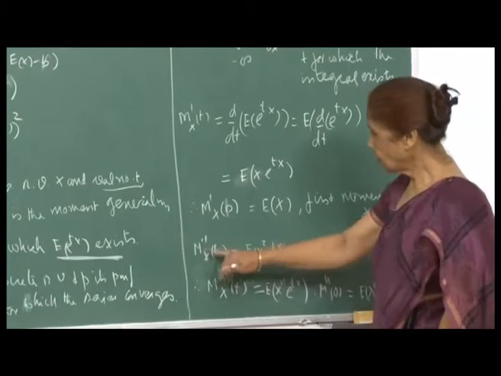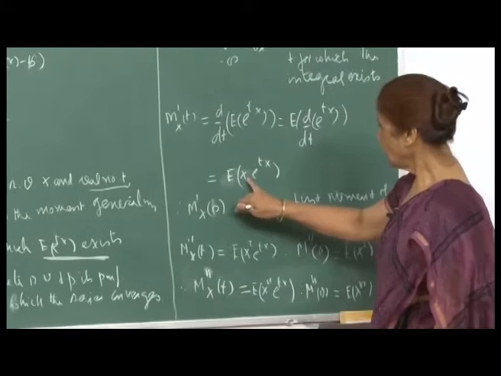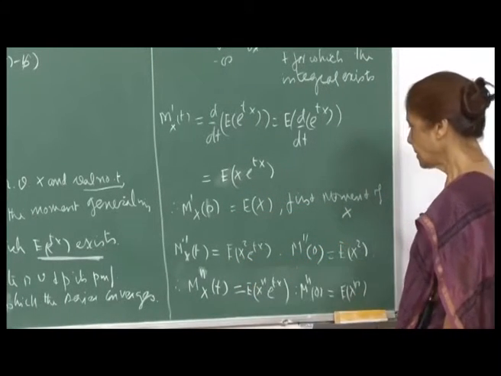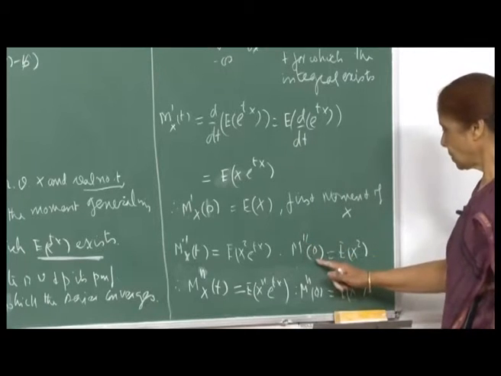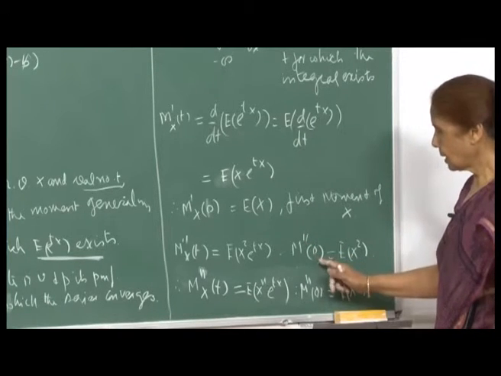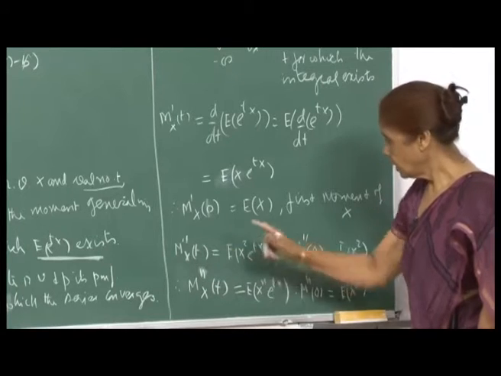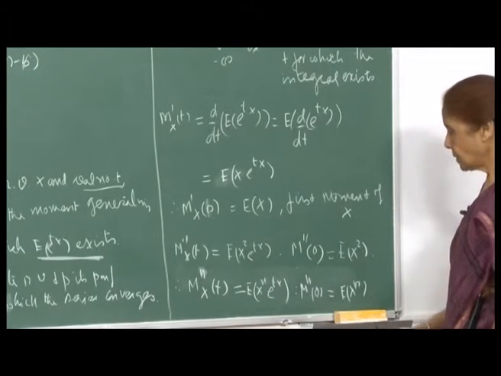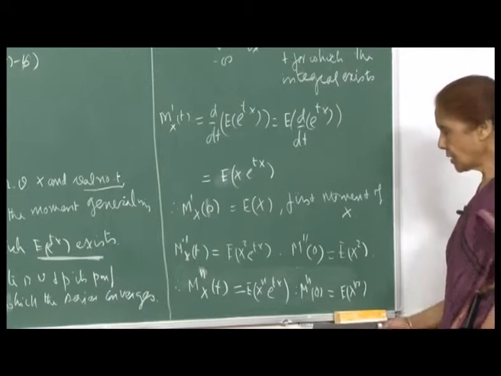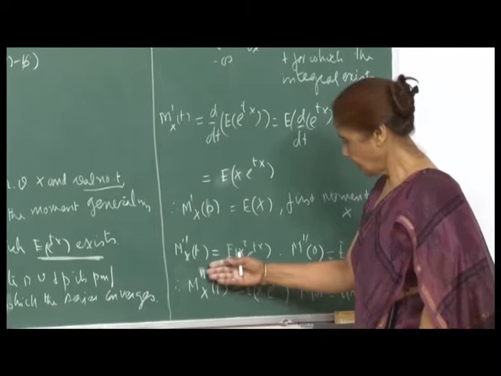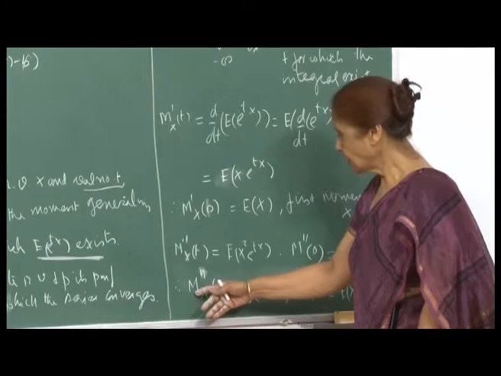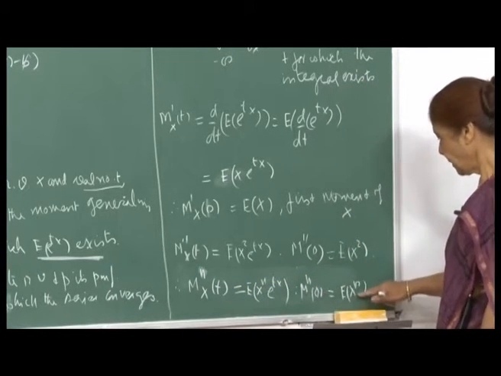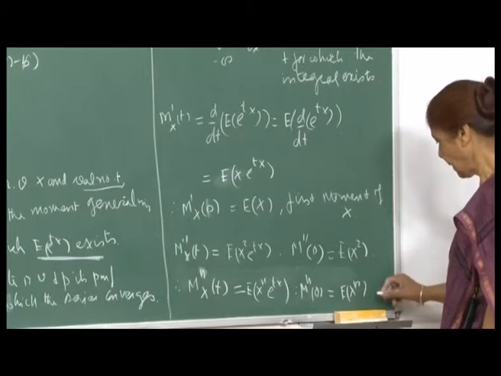Then similarly, if you differentiate it again, then you will get expectation x square e raised to t x, and so m double prime 0, that means the second derivative evaluated at t equal to 0, will give you expectation x square, which is the second moment. So, in general, the nth derivative of the moment generating function evaluated at t equal to 0 will give you the expectation of x raised to n.